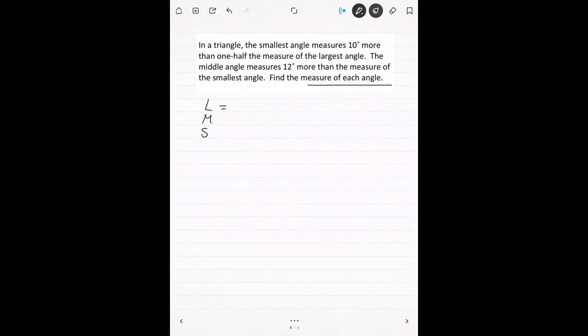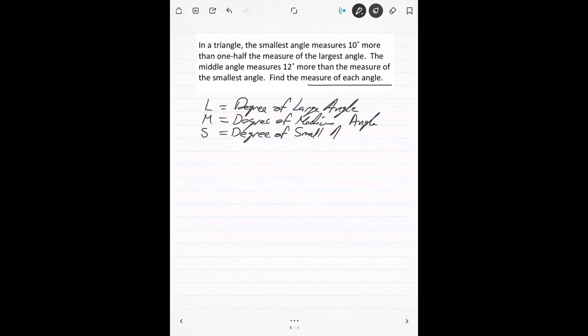L will be the degree of the large angle, M will be the degree of the medium angle, and S will be the degree of the small angle.